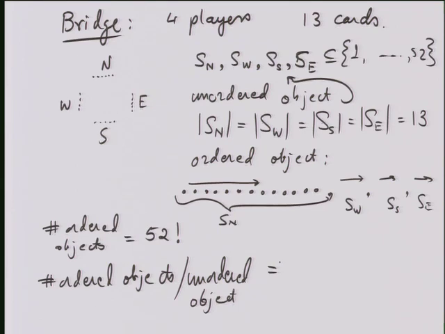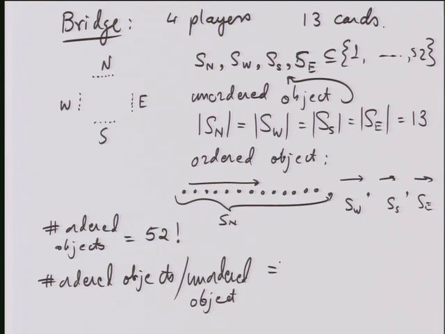So I'll take my 13 cards and place them in order. How many ways can I do that? 13 factorial. How about you? How many ways can you place your 13 cards in order? 13 factorial. How many ways can we together place our hands in order?